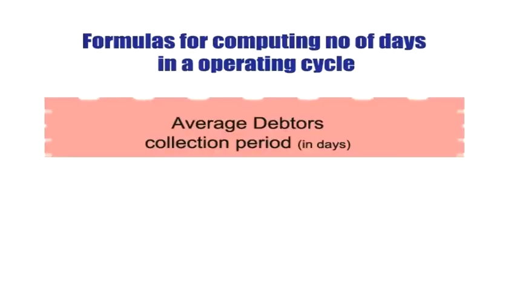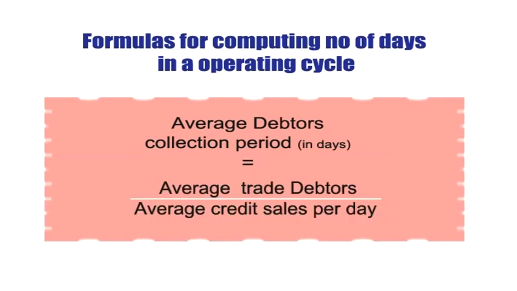The next formula is average debtors collection period. Its formula is accounts receivable, or average trade debtors, divided by average credit sales per day.